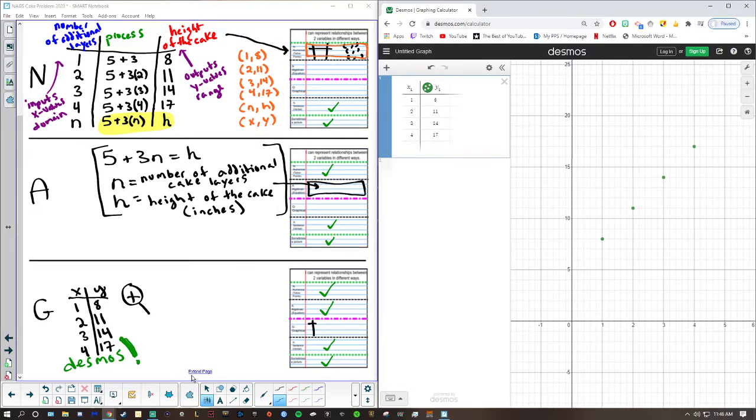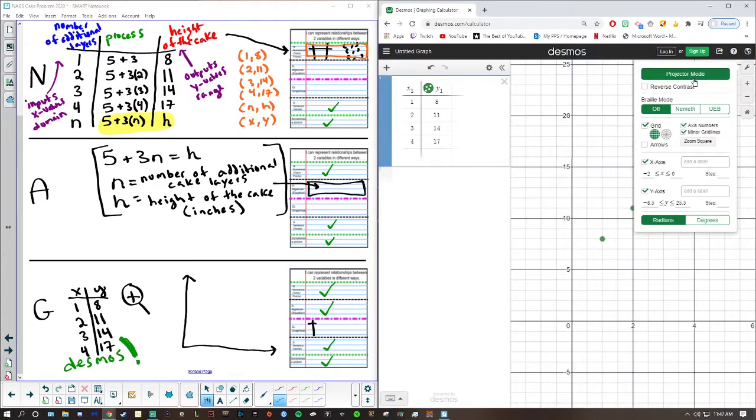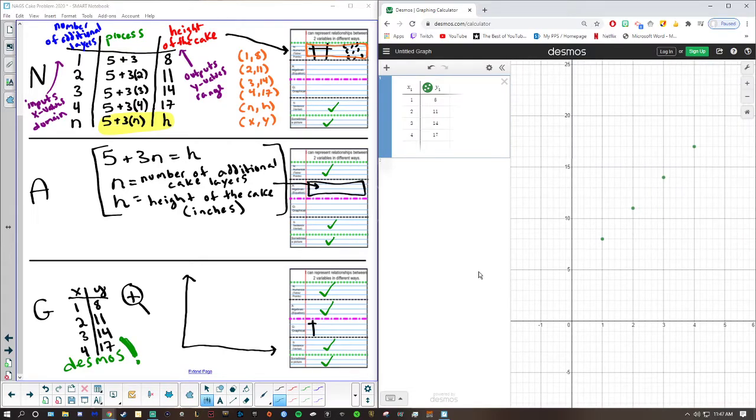So I am going to draw an XY coordinate plane like this. Okay, and I'm going to copy down my X and Y axis exactly how it looks. So I'm going to do 0 all the way up to 6.